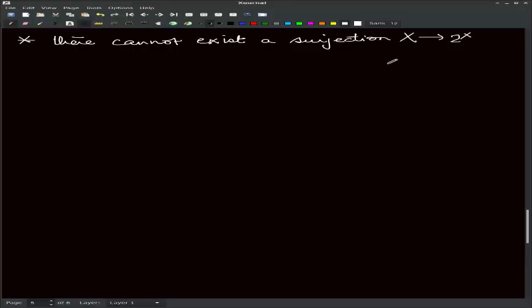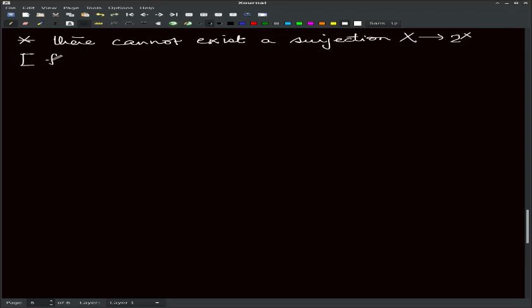So in particular it is saying that the set of all subsets of x is huge, much more than x. There cannot exist a surjection. And the proof is very, very simple.